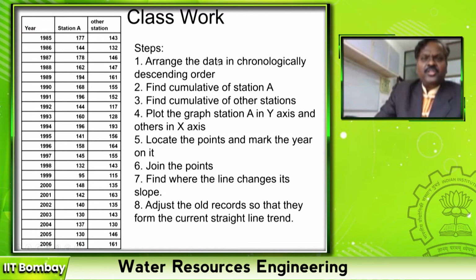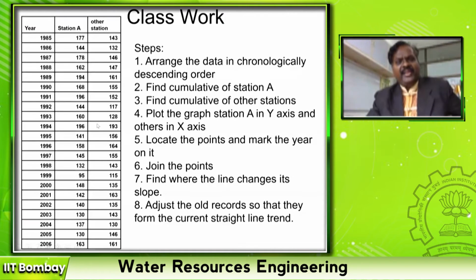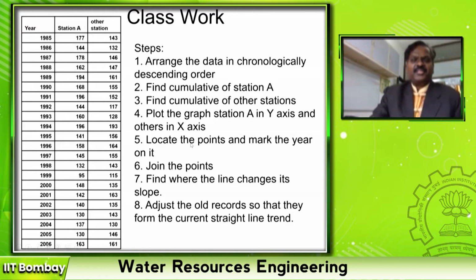First you arrange the data in chronologically descending order, that means the latest year on top and the oldest year at the end. Find the cumulative of station A, and also the cumulative of the other stations. Plot a graph with the cumulative mass of station A on the y-axis and the other stations on the x-axis.